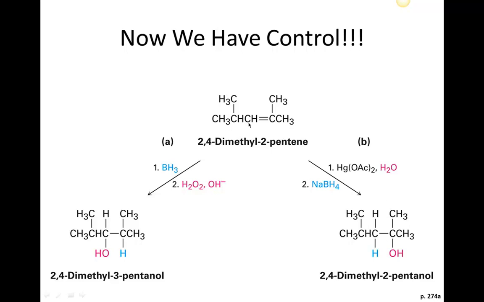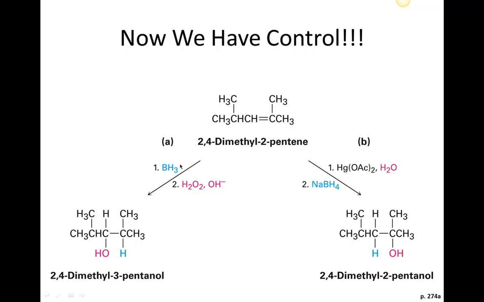Remember Markovnikov's rule. And so there it is right here in blue. And the OH goes to the more substituted carbon, and here it is in pink. Now remember, this one went with the mercury first, and then it gets replaced with a hydride from the sodium borohydride. So anyway, there's our alcohol product if we do this kind of hydration reaction.